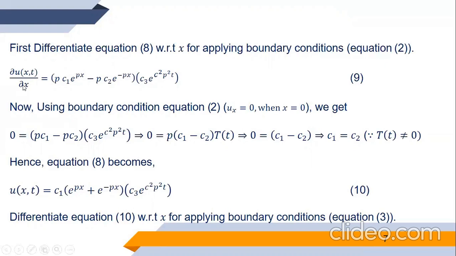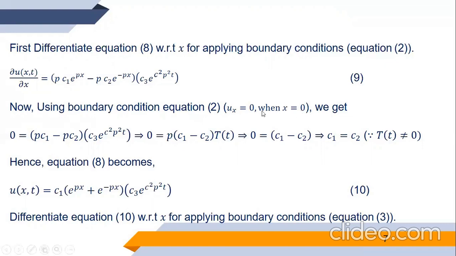So del u by del x is equal to p c1 e raised to px minus p c2 e raised to minus px. This term is as it is. And then we apply the first boundary condition, equation 2, which is given as u_x equal to 0. That means del u by del x is equal to 0 when x is equal to 0.